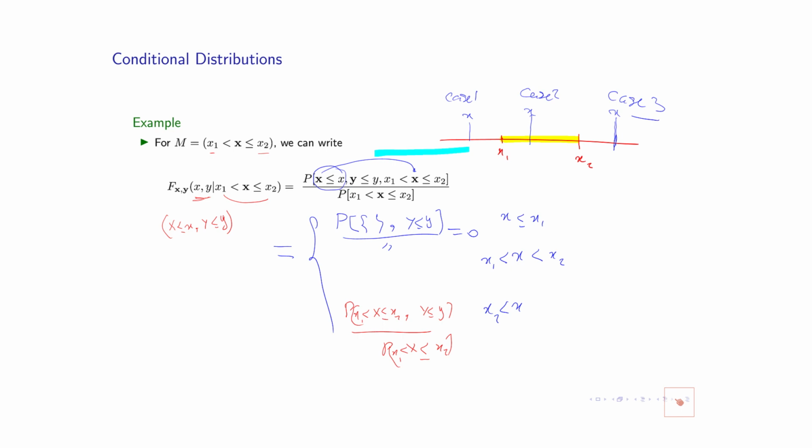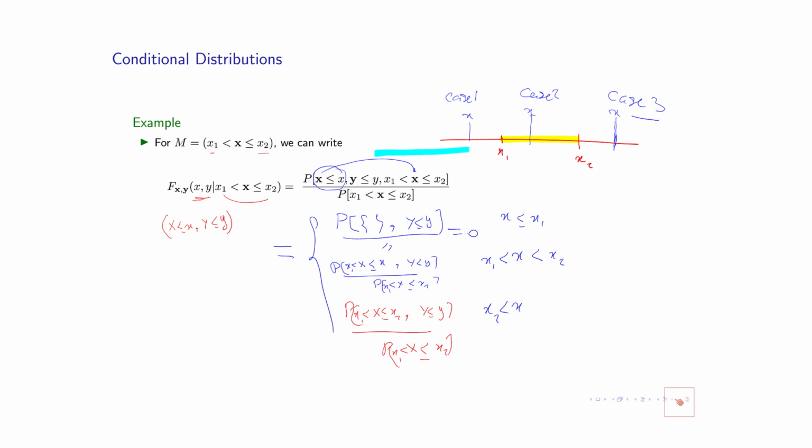In case 2, the intersection will be the probability that x is bigger than x1 but smaller than x2, and y is smaller than y, divided by the probability of x being between x1 and x2.